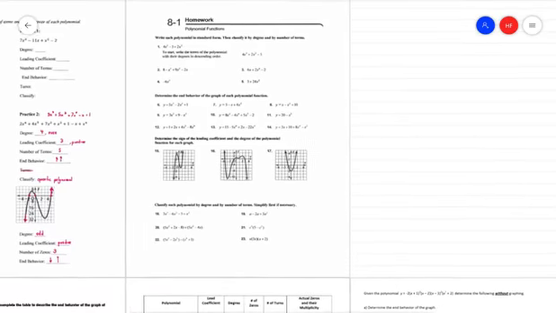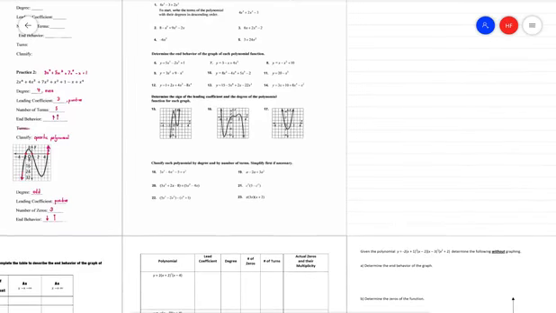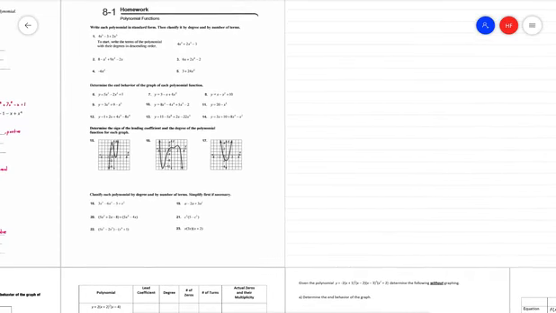So then for your homework, this first section says write each polynomial in standard form, then classify it by degree and number of terms. So this is like what we did on Friday. Then the next section is determine the end behavior.